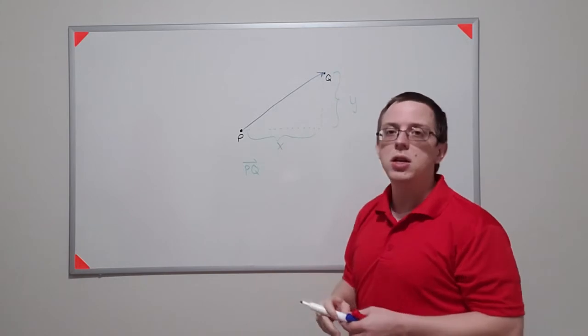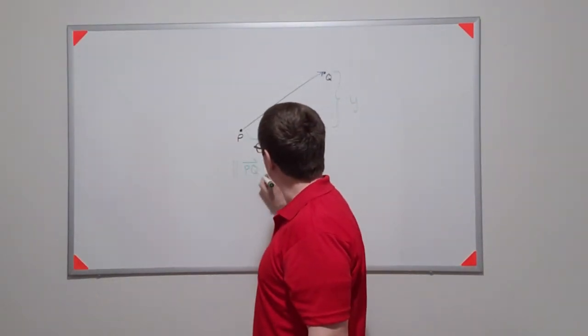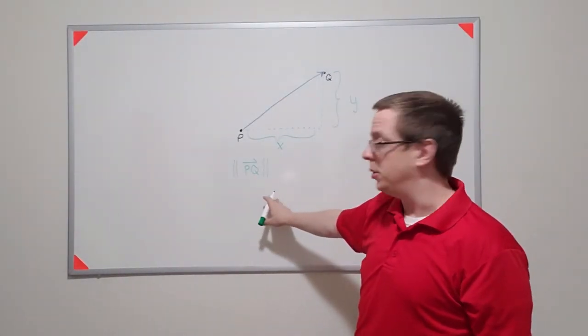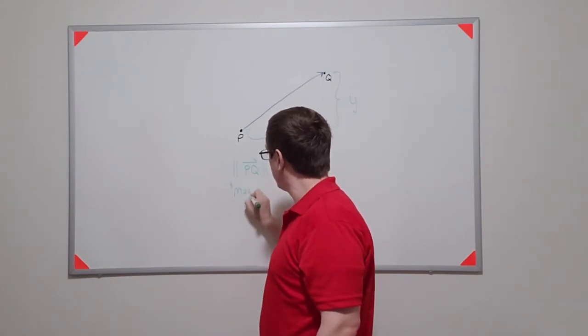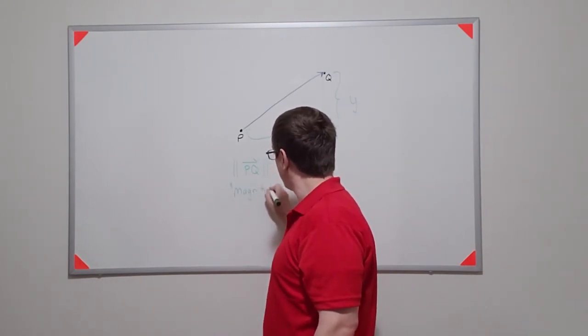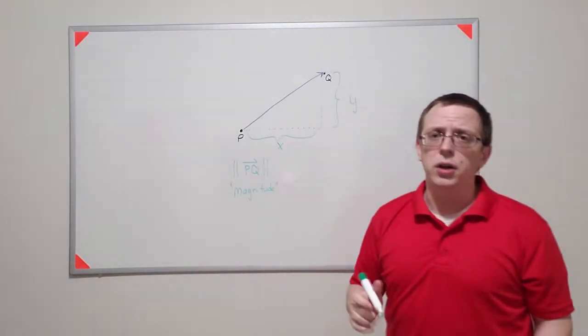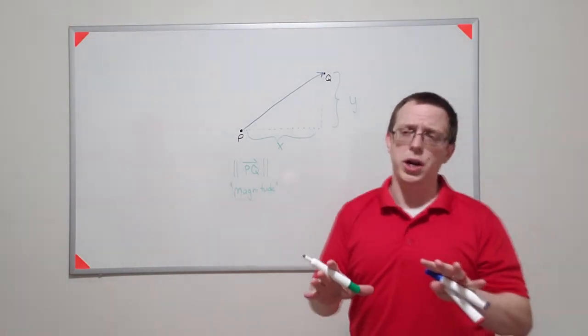So if we say that PQ, and we want to do this magnitude, so these double lines are what are called magnitude. You may hear me use the terms magnitude, length, and norm, all interchangeably.